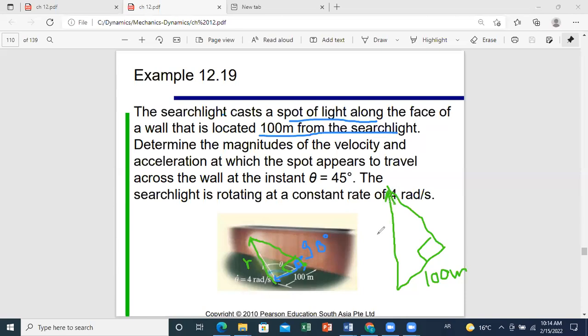This is my position vector R. And it's making an angle with this line, a variable angle theta. Here it's a 2D motion, and theta is varying in this plane. So the position vector moves in 2D, and then my spot will move on the wall.